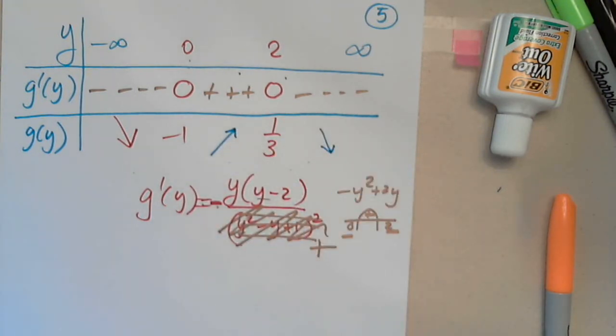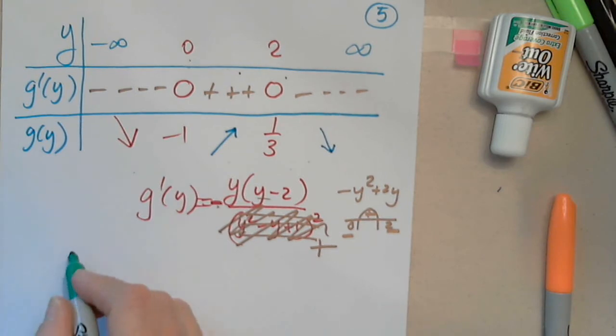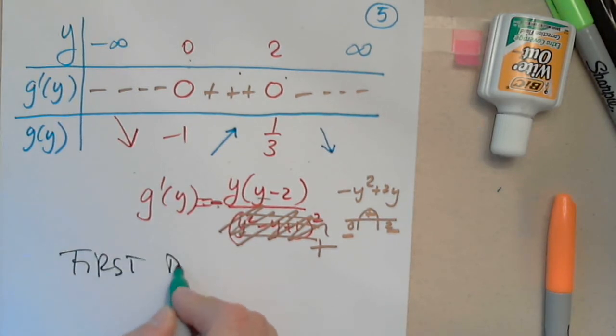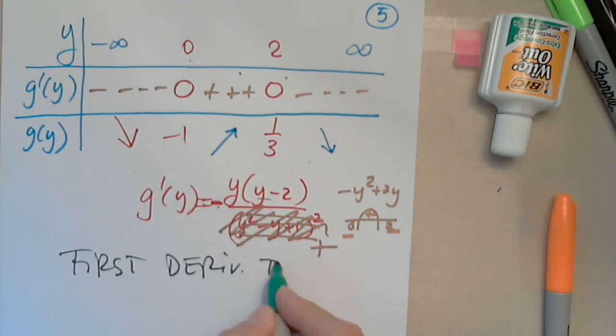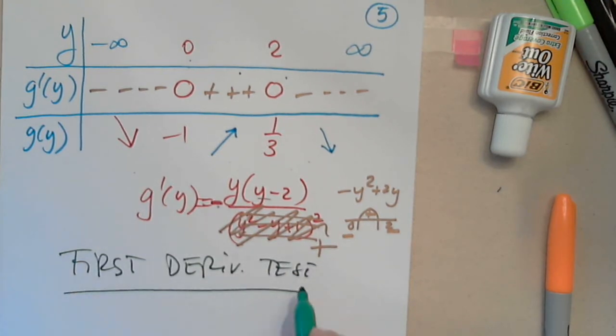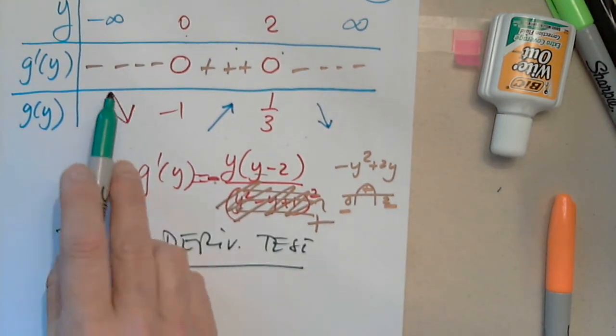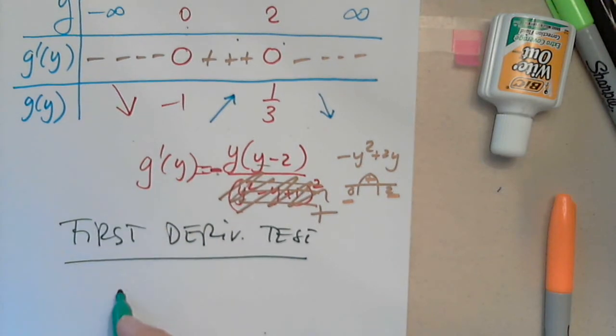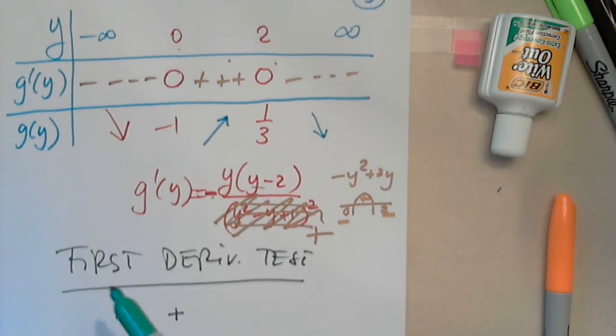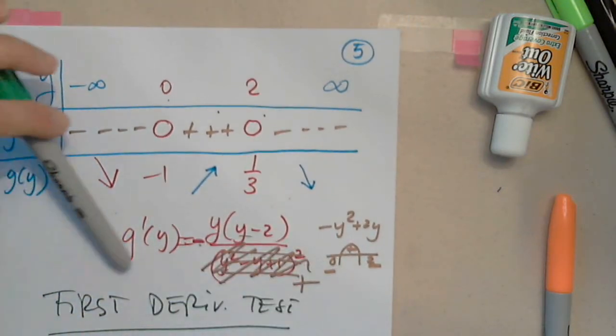This is what we call the first derivative test. Meaning, if the derivative changes sign from negative to positive, what kind of point will this be?